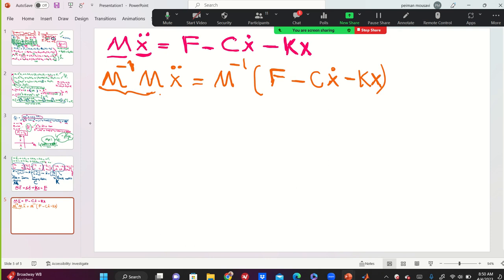Any matrix times its inverse gives what? Identity matrix. So you have x double dot gonna be the inverse of the mass matrix times F minus C x dot minus the stiffness matrix times X.